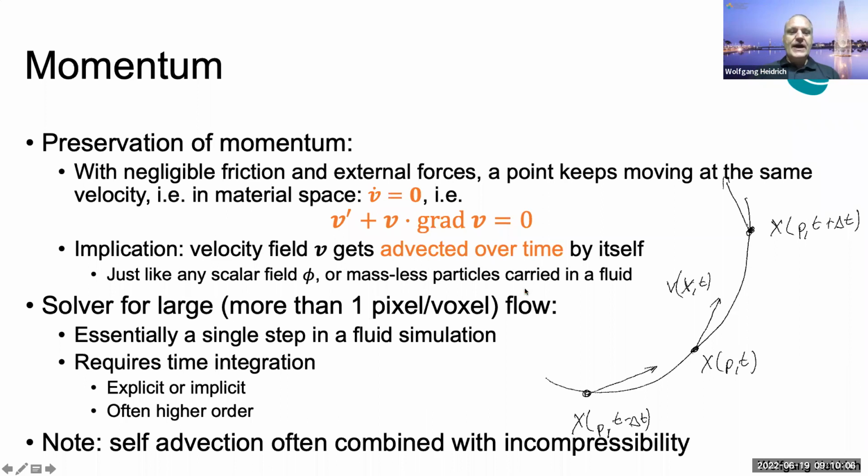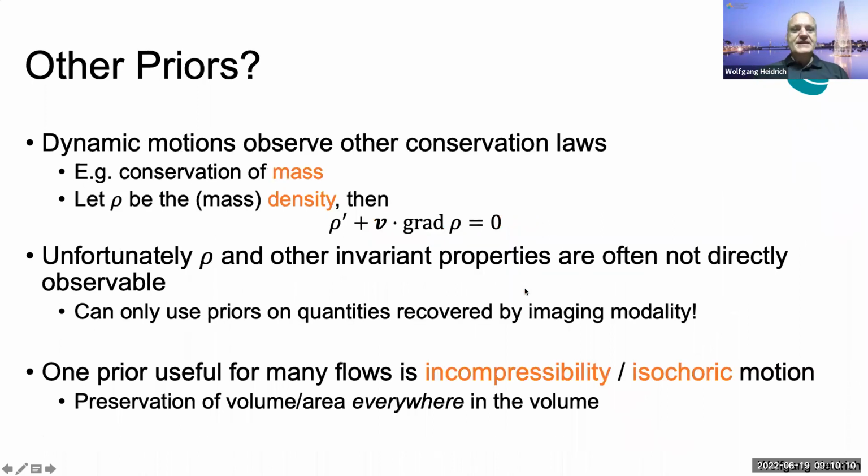Okay, so now the self-advection property is often combined with incompressibility, which we will also talk about in just a second. But let's think about what other priors we might have from physics. So we know conservation laws like conservation of mass or conservation of mass density.